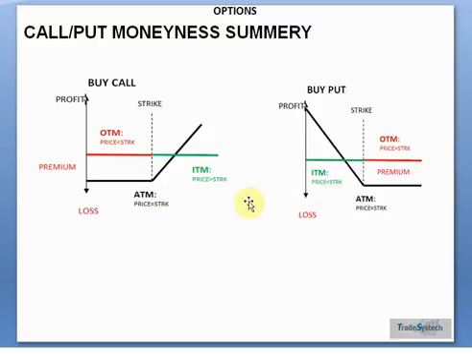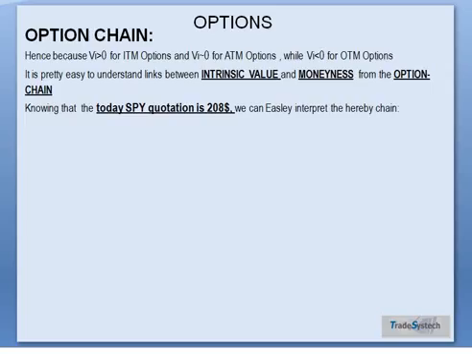ATM when it's equal to the strike, and out of the money in the last case. So briefly, intrinsic value is positive for the in-the-money option, equal to 0 for the ATM option, and negative for the out-of-money option. Having said that, let's move now to the option chain.